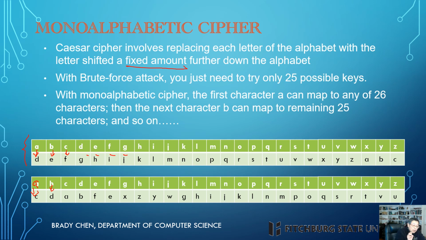For example, if A has been mapped to C, then B can map to any letter other than C. So B can map to A, can map to B, could map to D, but not to C, because C is already mapped by A.